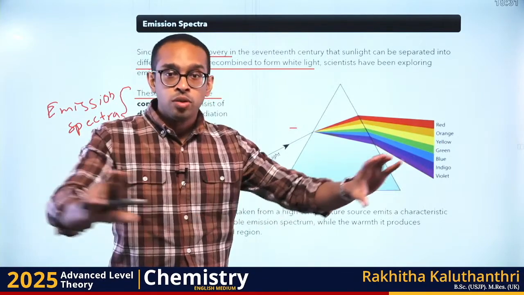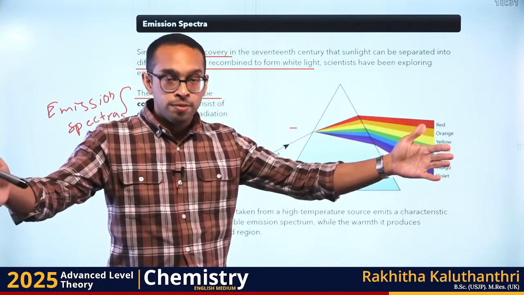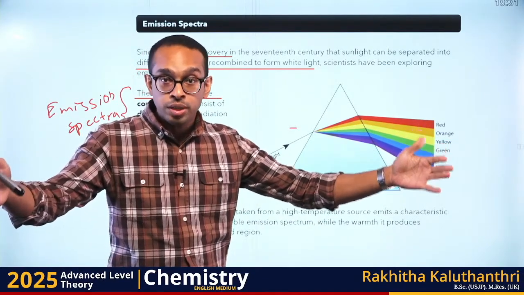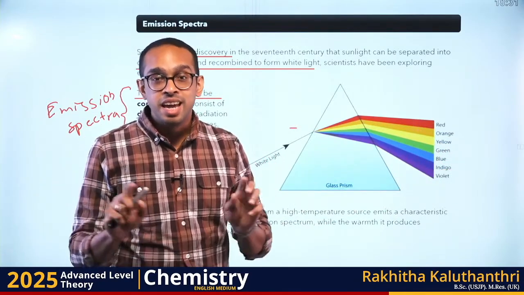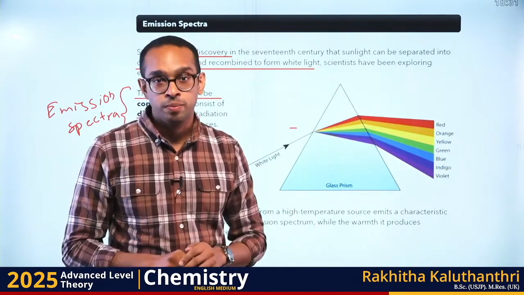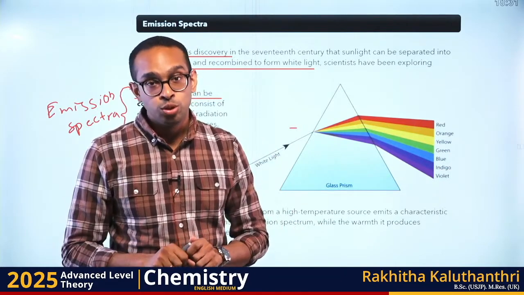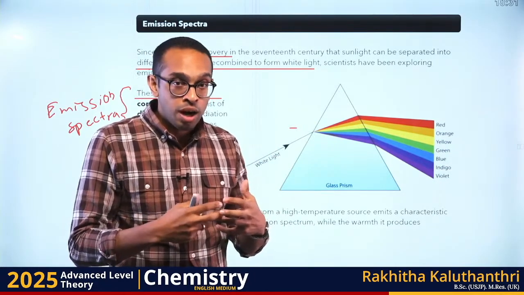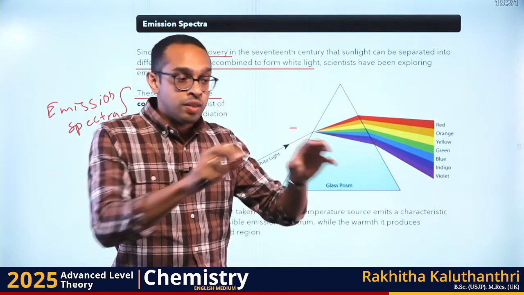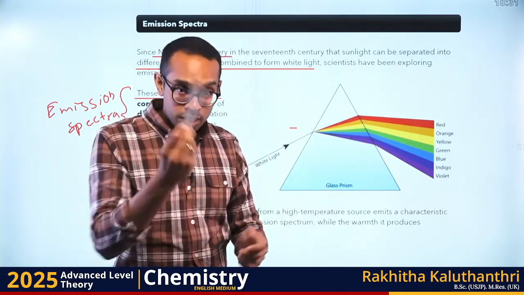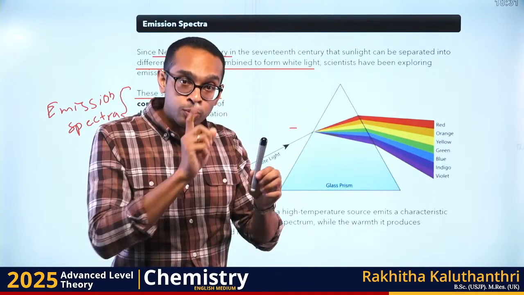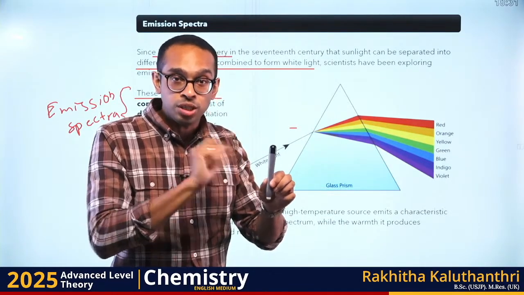The analysis of the frequencies of the radiation that is emitted by any element is going to be known as emission spectra. The word emission is used because we are analyzing the amount of radiation that is emitted by a material after it was provided with energy.